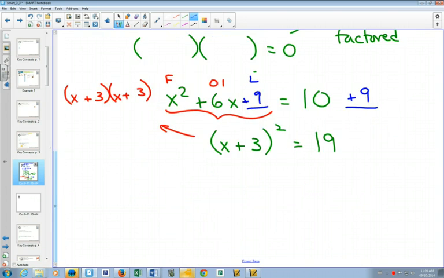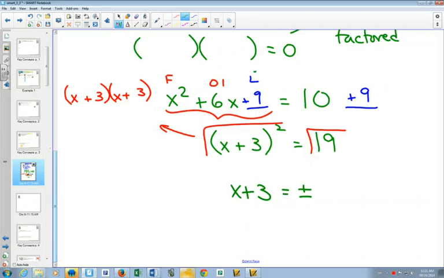And we can go back to the steps that we did in our first equation where we square root both sides. If I square root this side and I square root this side, I'll just get x plus 3. On this side, remember the plus or minus, I'll get plus or minus square root of 19.